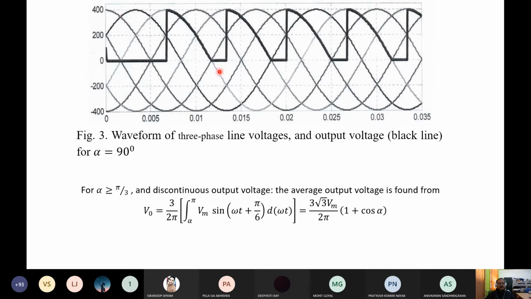How much become? 180. Just have a look. In your drawing you write AB, AC, BC, then you understand why 3 pulses are coming, not 6 pulses. Even though these are line voltages, 6 pulses will come because of diodes. Diodes only required 3 pulses. Diodes require a forward bias to conduct.